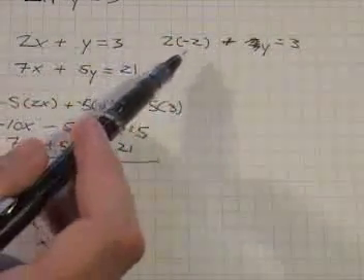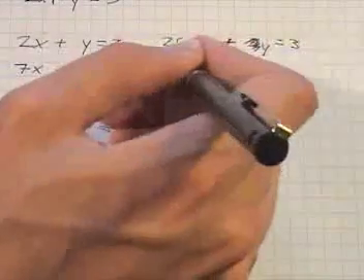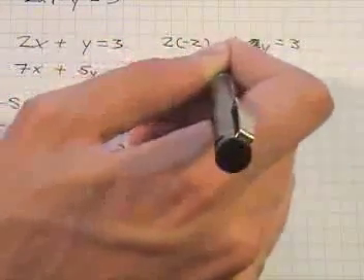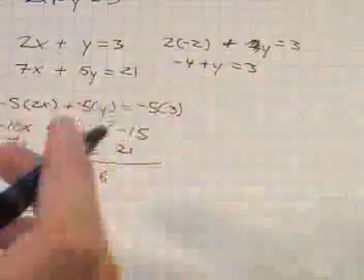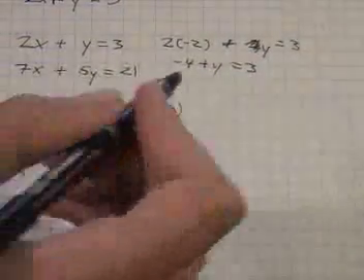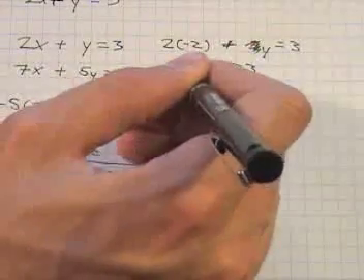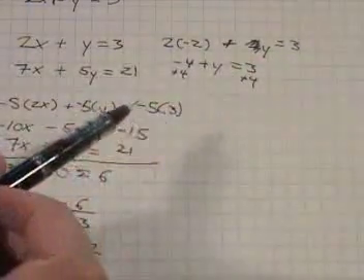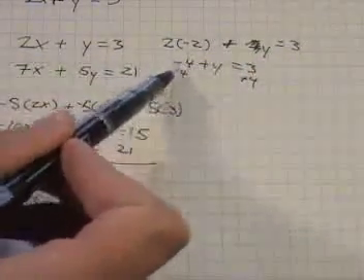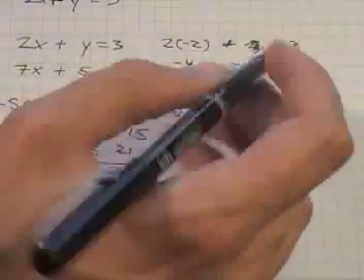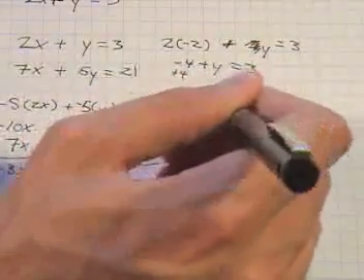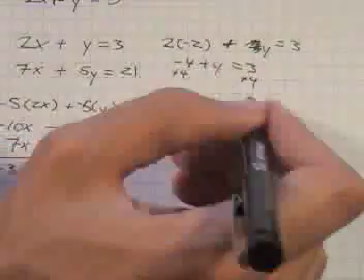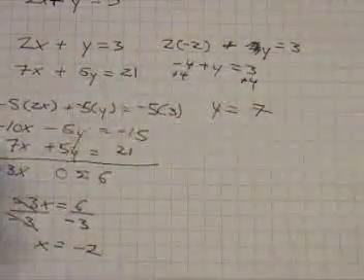So this becomes negative 4. Negative 4 plus y equals 3. Plus 4 to each side. And then these two 4's cancel out, so it's just y left on the left side. y equals 7.